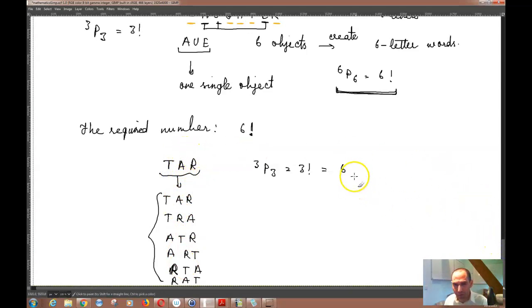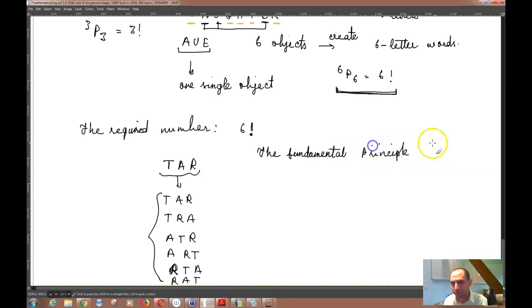So now when we talked about the fundamental principle of counting, we said in order to find out how many such permutations we can find over here, we have these 3 letters.